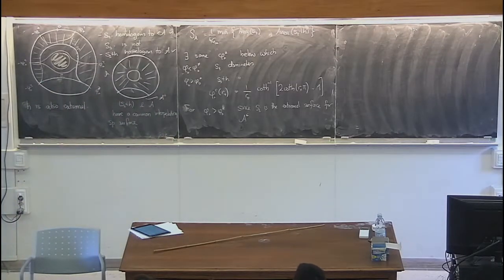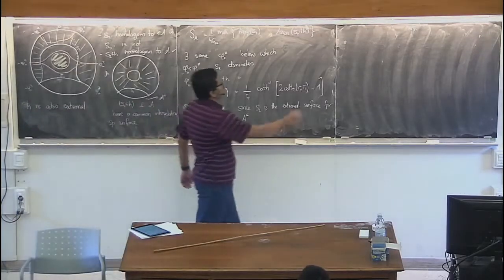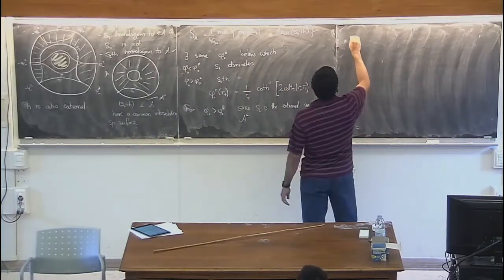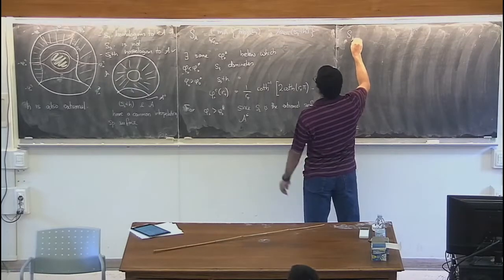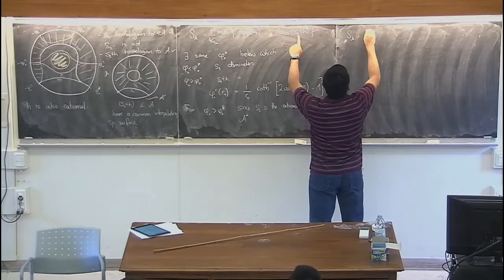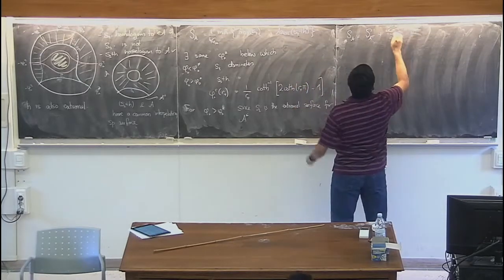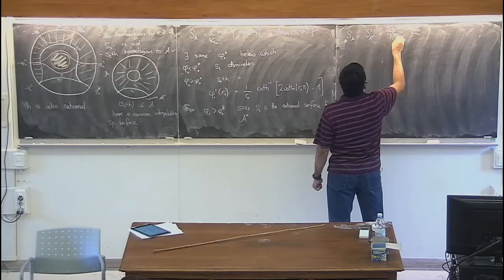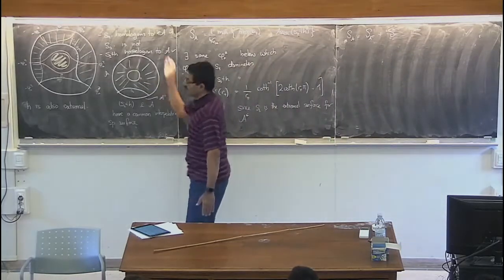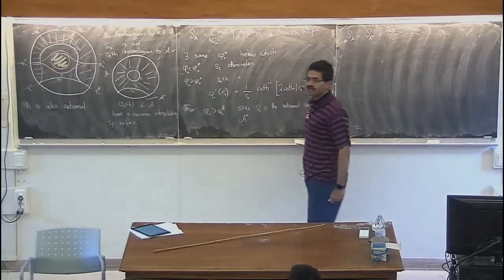We're still talking about one copy of the field theory. What this is saying is that the entanglement entropy of A is the sum of the entanglement entropy of a complement and the entropy of the full boundary, which is the entropy of the black hole.